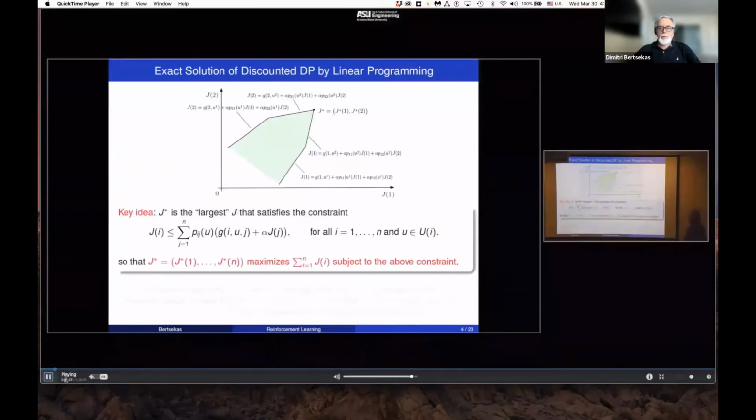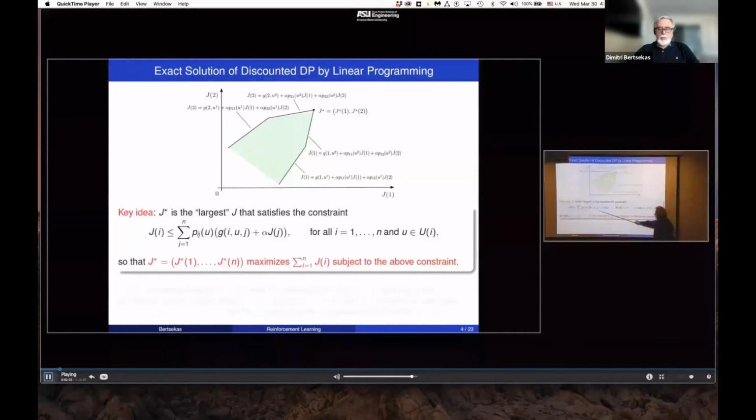Okay, so here's a key idea. Let's consider discounted infinite horizon problems. The optimal cost function is J star. It's an n-dimensional vector. The idea here is that J star is the largest vector J that satisfies this constraint. First of all, this constraint is linear in the vector J, and there's one constraint for every state and for every control.